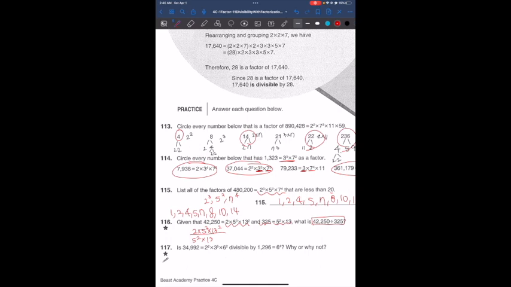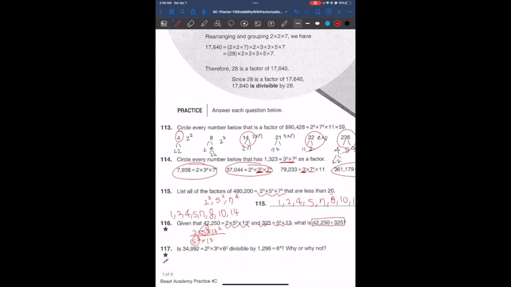Essentially, since we have 5 to the power of 3 on top, but we're dividing it by 5 to the power of 2, if we look at the exponents, 3 is on top and 2 is on bottom, so we're going to do 3 minus 2 for the exponents.